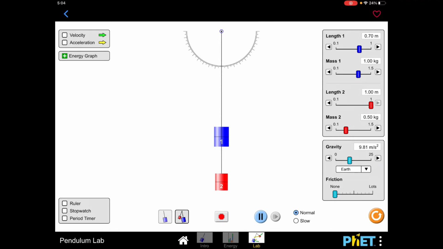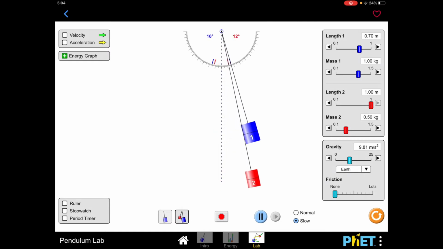Let's have a look and check this out. So I have two pendulums here, and I have them at different lengths. Let's put this in slow motion. I'm going to pull both pendulums back so that they swing and start at the same time from the same place. Let's have a look at what happens to the period, the time it takes the pendulum to reach the extreme end and back again.